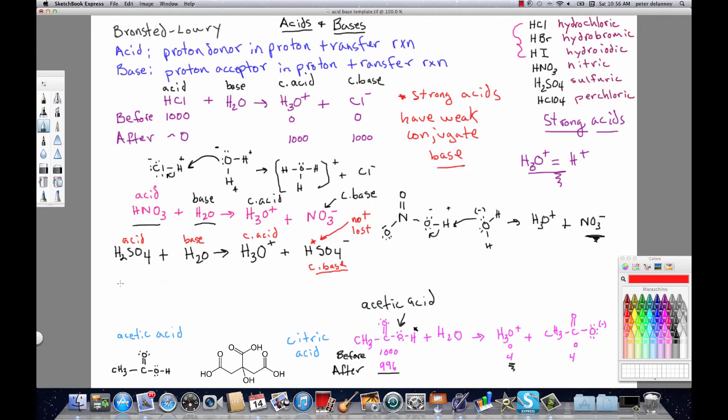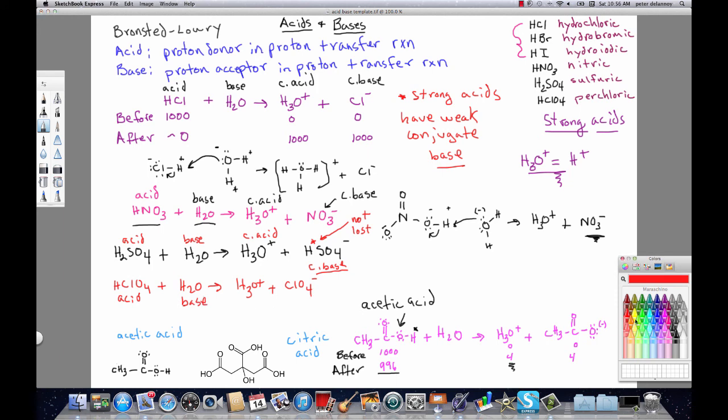All right, and then the last molecule is the perchloric acid. Perchloric acid. All right, and its ionization equation will look like this. All right, and the perchloric acid is the acid, and then the H2O is my base.